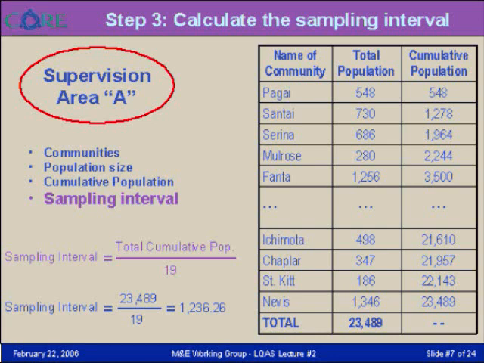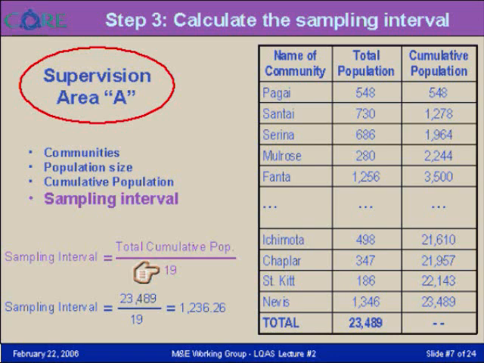Once we get the cumulative population, the next step, step number 3, will be to calculate what we call the sampling interval. And the sampling interval is mainly obtained by dividing the total cumulative population over the sample size that we want to get for this particular supervision area. As explained in lecture number 1, our optimal sample size when using LQAS will be 19.